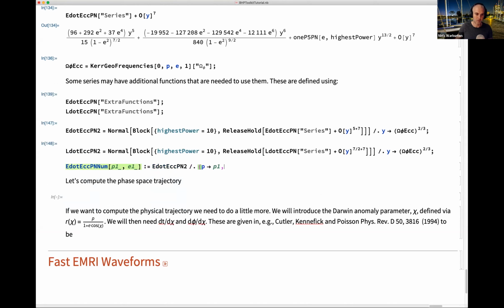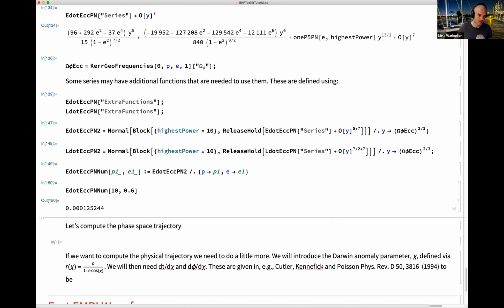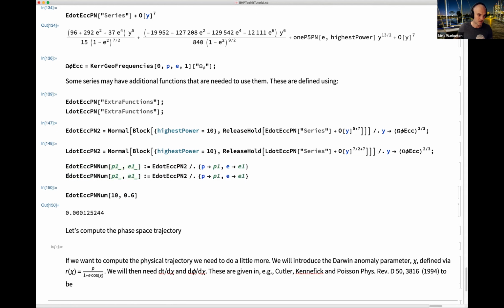P goes to P1, E goes to E1. That's the way I've set this up. Just check that works. There you go. So that's now evaluated that 6PN series for those two values. We'll do the same for L dot.